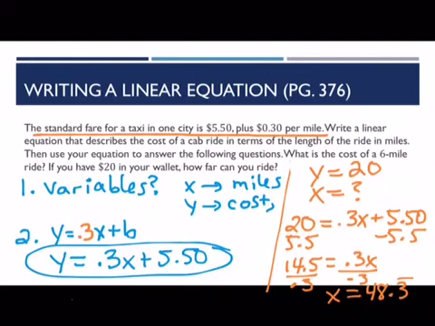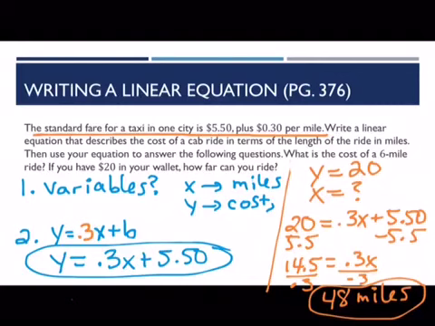So if the problem doesn't specify, go ahead and round. You could say, an exact answer would be 48 1/3 miles, but if you wanted to round and say about 48 miles, that would be fine too. So with $20, you can ride 48 miles.